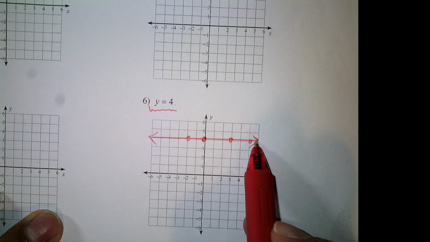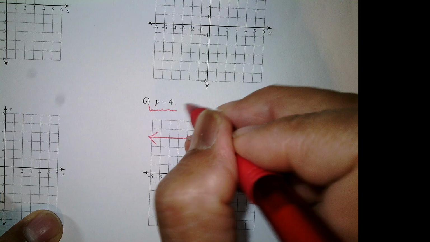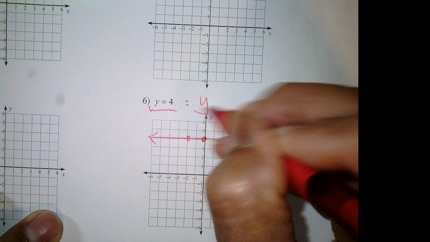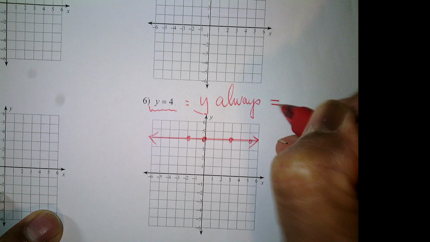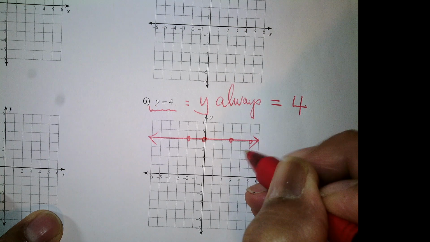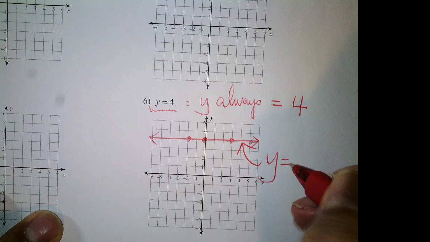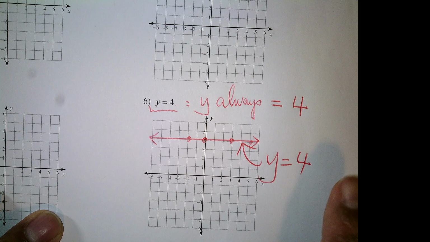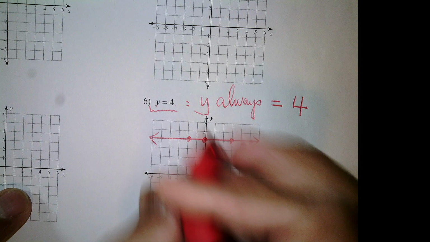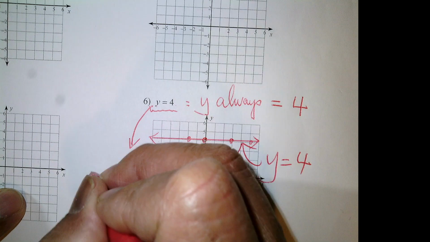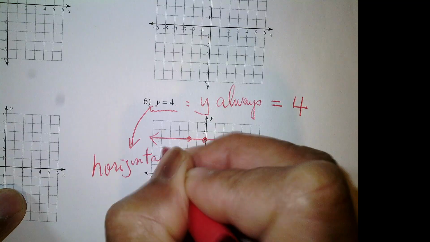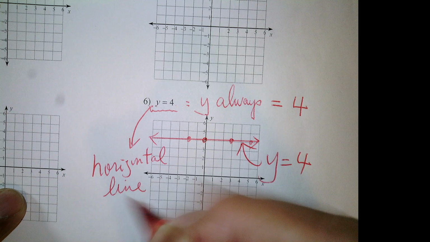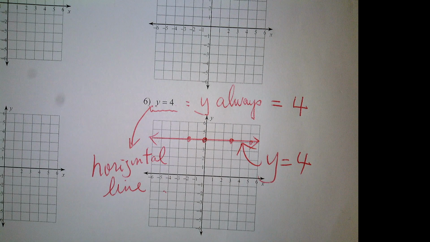Y always equal to 4. And make a note, it means y always equal 4. That's the definition of a horizontal line. So it is a horizontal line. Okay? Horizontal line.